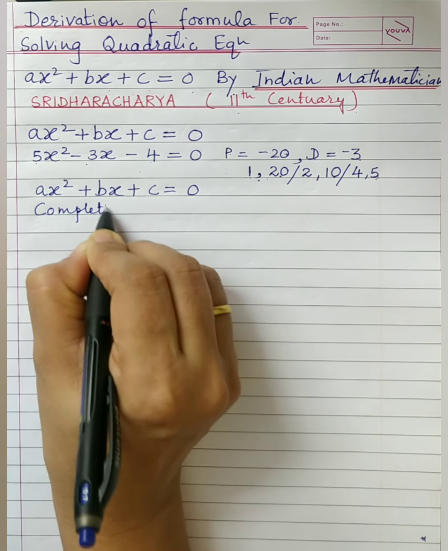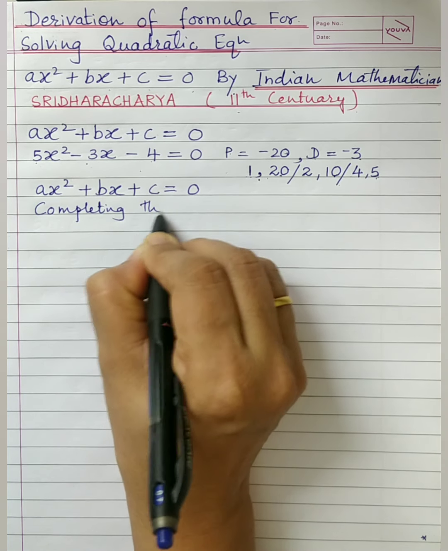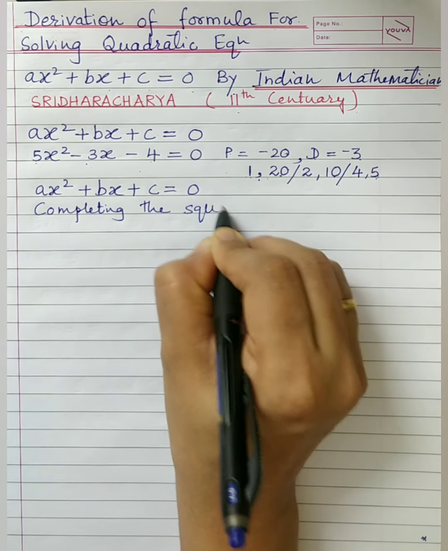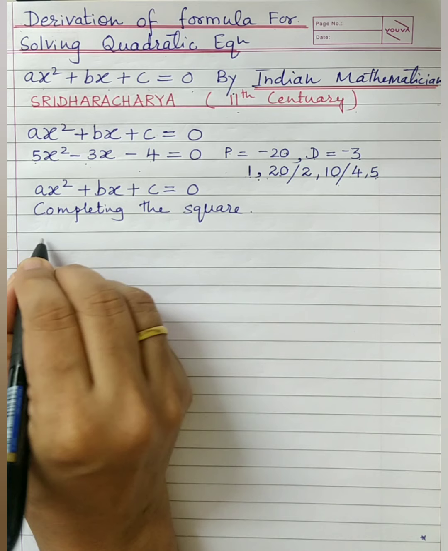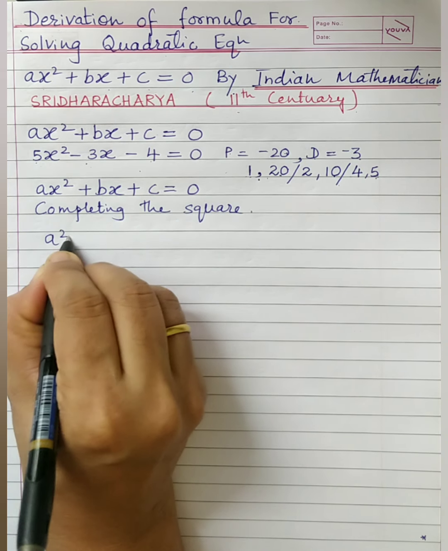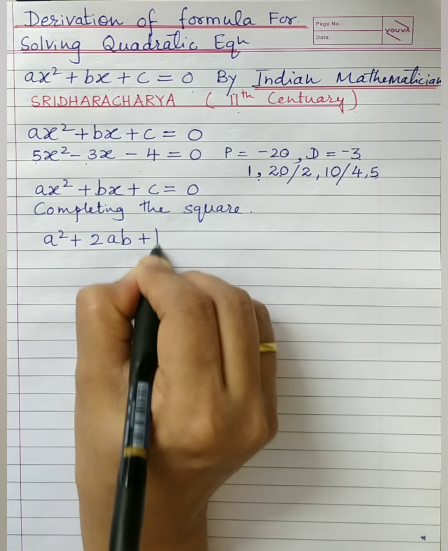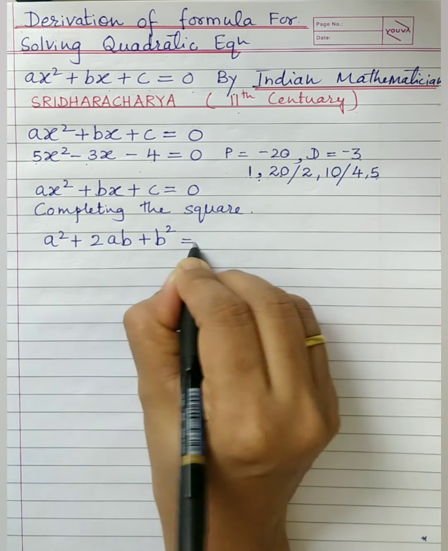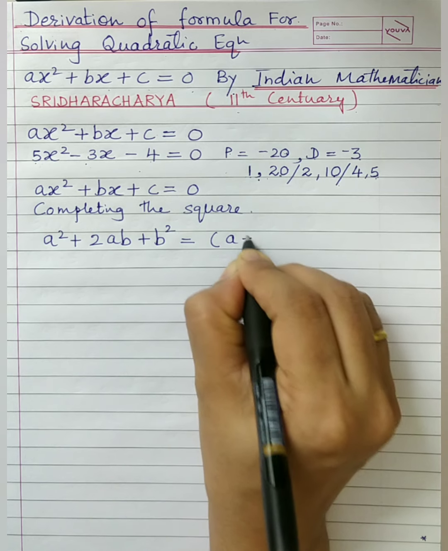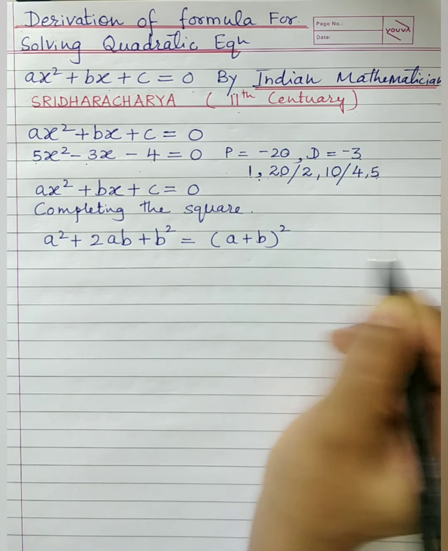Now the concept used in the method of completing the square was, recall this expansion formula: a square plus 2ab plus b square is equal to what, children? a plus b whole square.